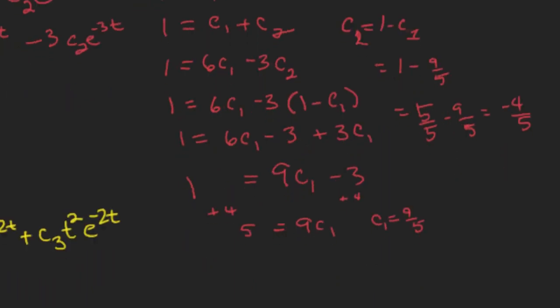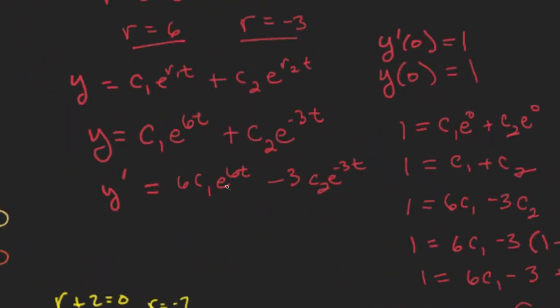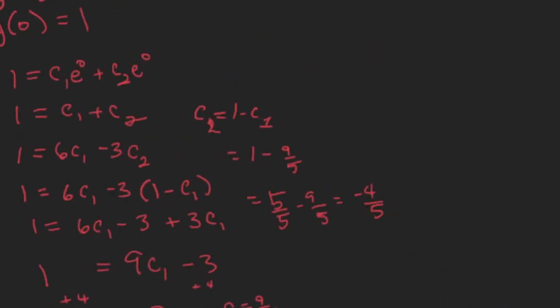And then you can plug in to your general solution what c1 and c2 are to get your particular solution. And this is, oh yeah, that was the derivative, sorry. So this was your general solution. So if we go here and we plug in the c1 of -4/5 plus c2, which was 9/5. I have those backwards? Yes, I do.